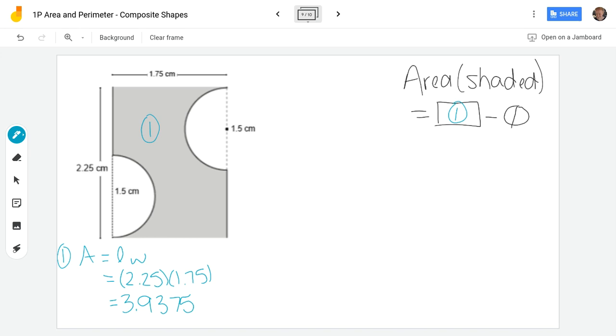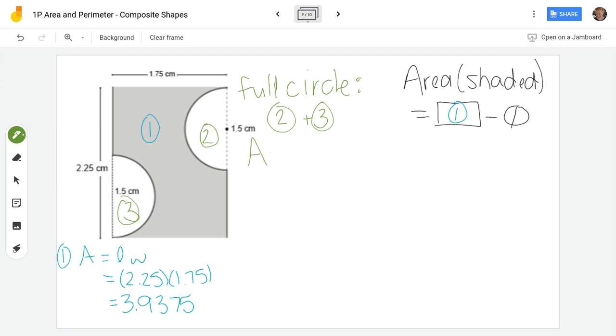So that's the first area. The second one will be this half of the circle plus this half of the circle. And together, maybe I'll even call it area 2 and 3. Together, area 2 plus area 3 is a full circle.